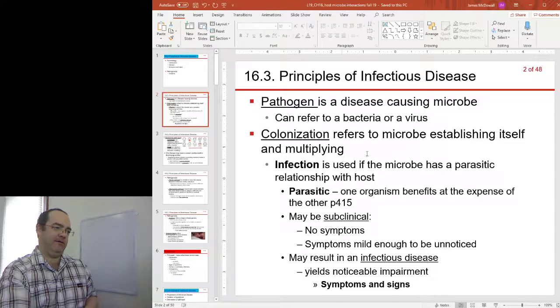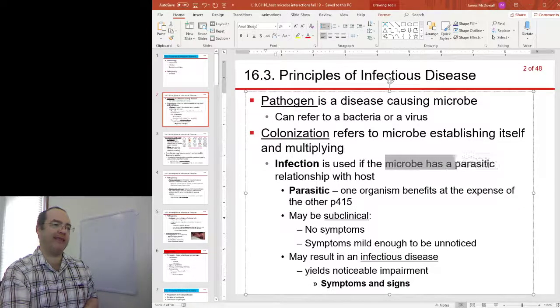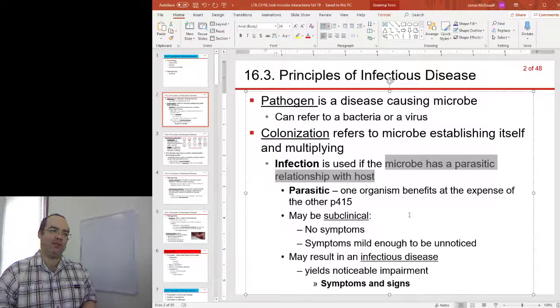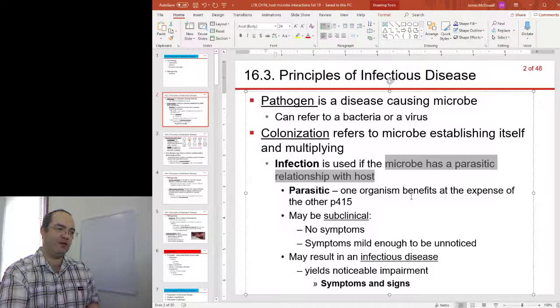An infection. When a microbe has a parasitic relationship. So parasitic means that one organism benefits while the other organism is harmed. And typically, yes, the parasite benefits at the expense of the host.